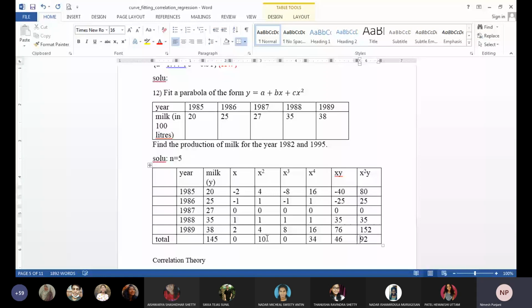Okay, these are the values which you are getting in the table. Yes, sir. Okay.